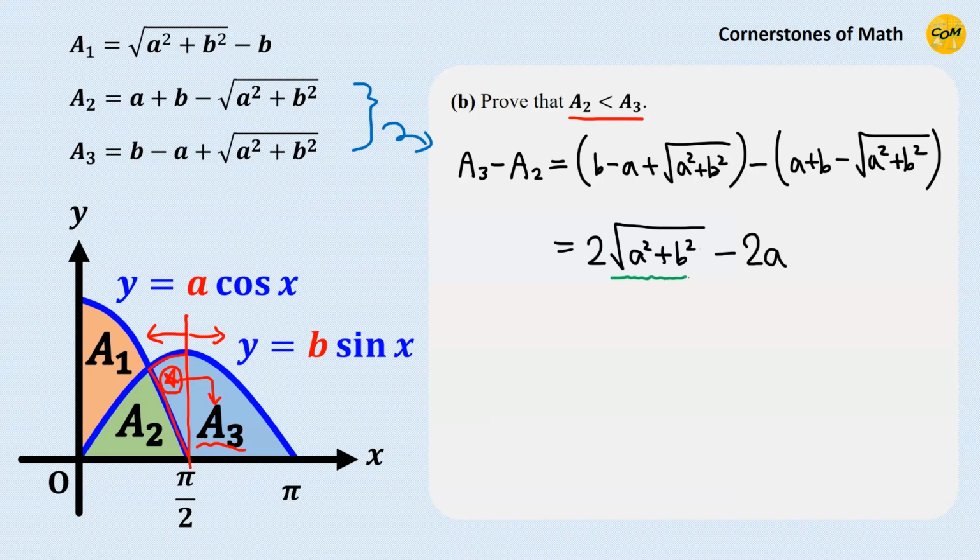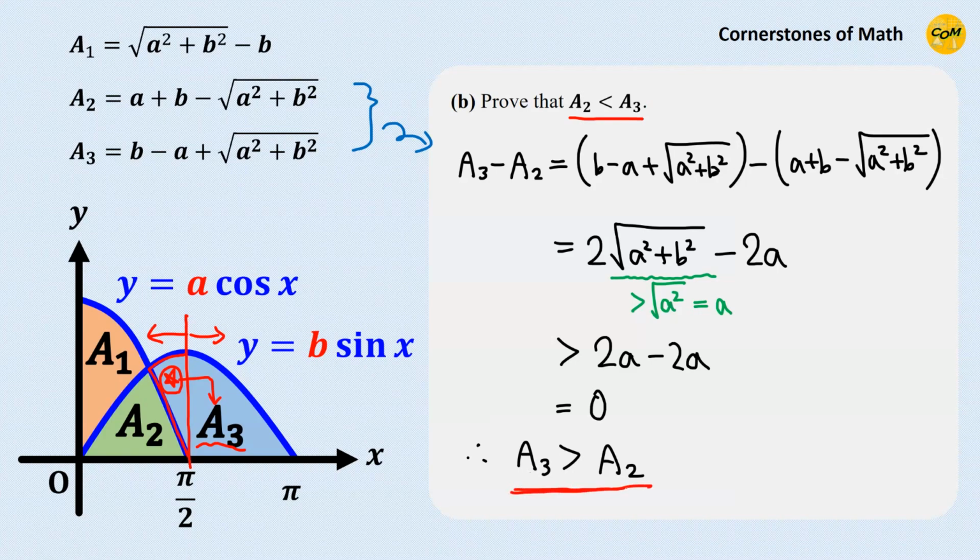And this square root of a squared plus b squared is definitely greater than square root of a squared, which is just a, so the entire thing is greater than 2a minus 2a, which is 0. Therefore, we have the conclusion that A3 is greater than A2.